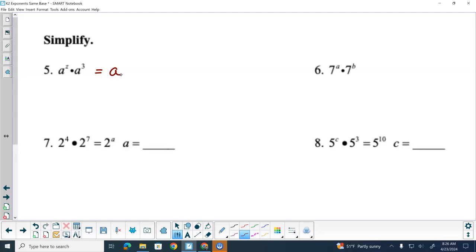How do we say add in math? Give me another word that starts with a P and means addition.